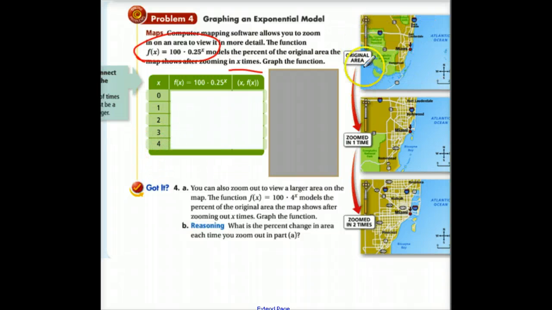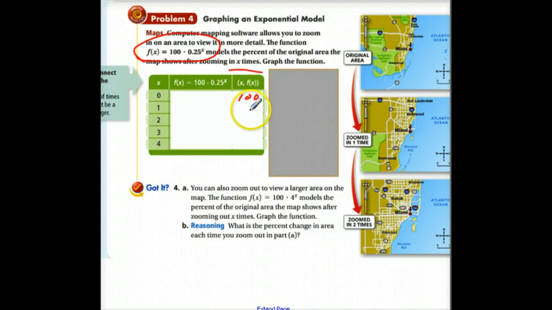In our picture, here's our original map. Zoomed in 1 time, zoomed in 2 times. So we're getting closer and closer. We want to see how much area we can see after we zoom in an x amount of times. So I am going to put these x values into my function. When I do that, I'm just going to cheat here and show you what I get.